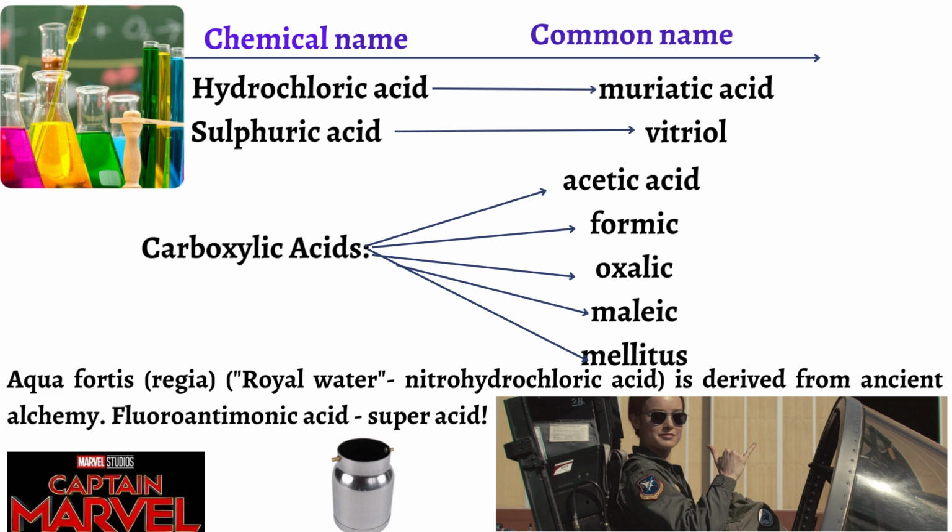Sulfuric acid, and the common name is vitriol, and also carboxylic acids such as acetic acid, formic acid, oxalic acid, maleic acid, and mellitic acid.